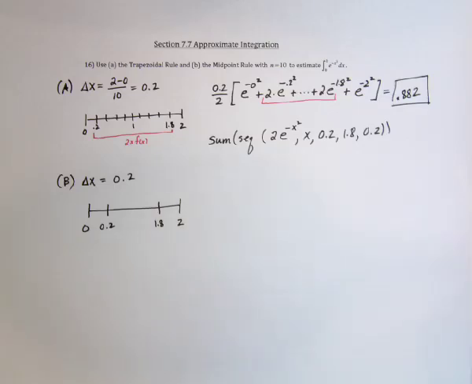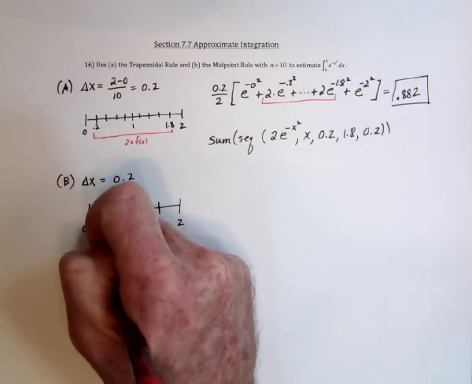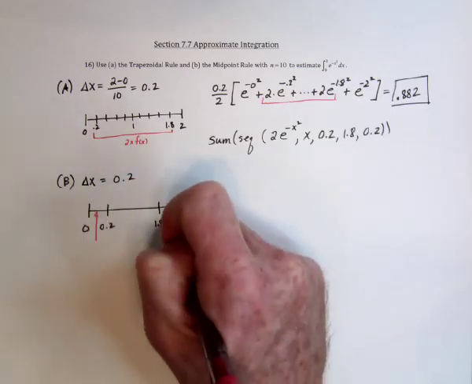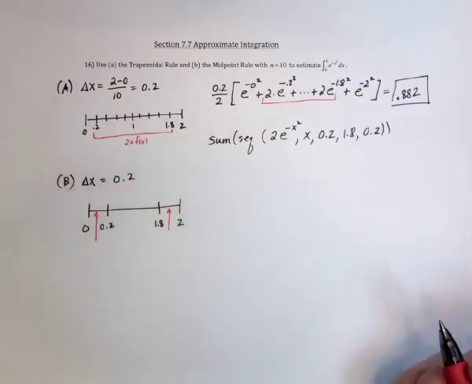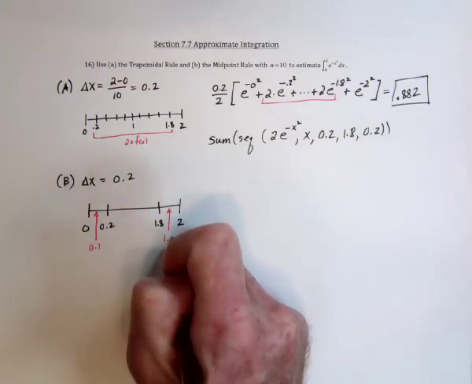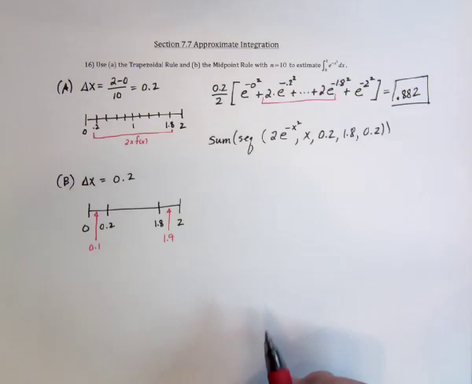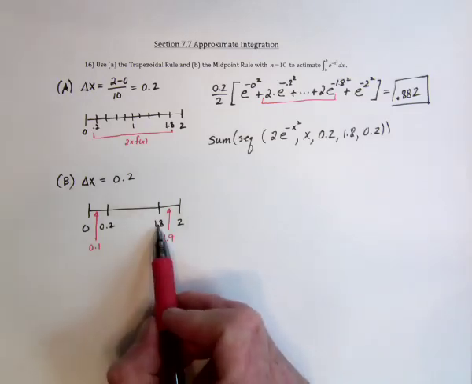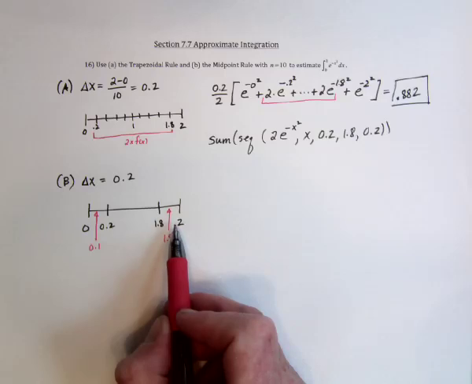And then with the midpoint rule, you need to know the midpoint of each. Between 0 and 0.2, the midpoint is 0.1, and this one is 1.9. If it's not this obvious, you can always just take these two numbers and average them.